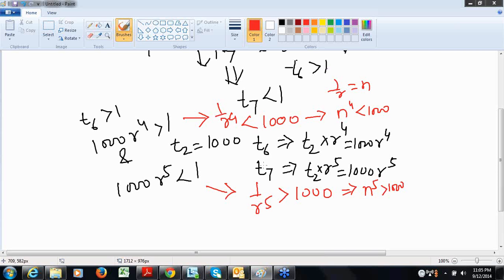Anybody has a problem? This 1 by r equal to n was the missing piece in the question itself, as I told you 5-10 minutes back also. So 1 by r is n.